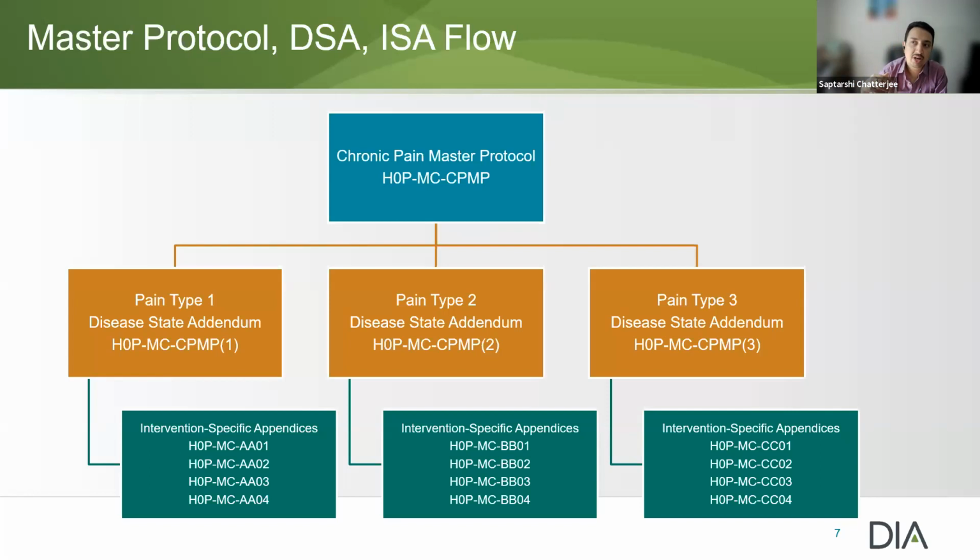Now, what we experienced by having this modular fashion is that, of course, for the first ISA, the protocol authoring time and the ISA time were a little bit longer than usual for the POC. But the subsequent ISAs benefited a lot, because a lot of these details were already laid out in the master protocol itself and the disease state addendum.